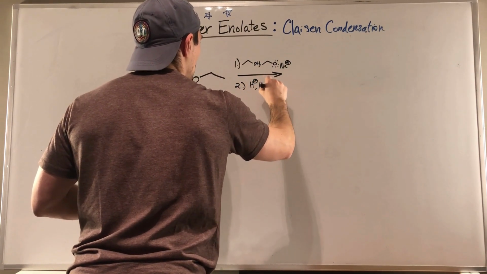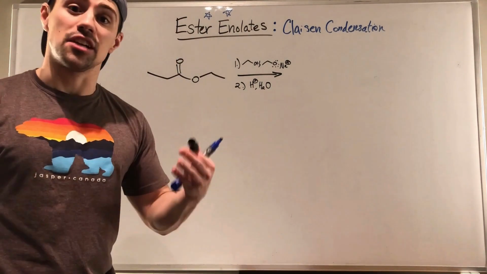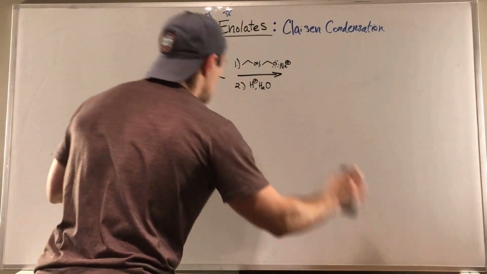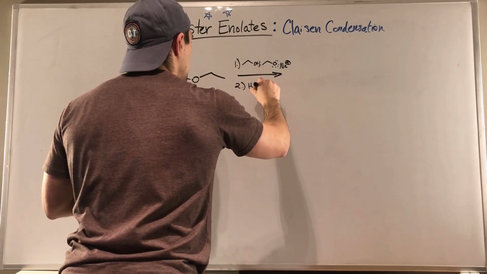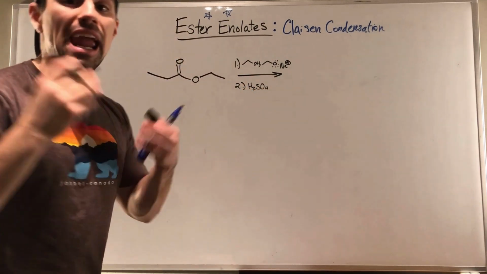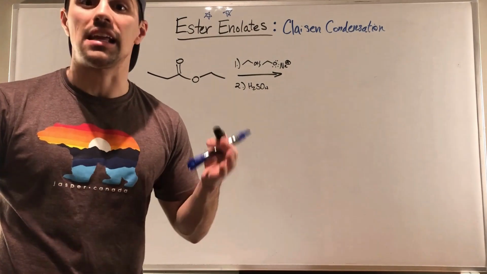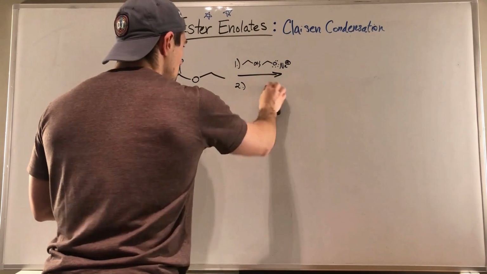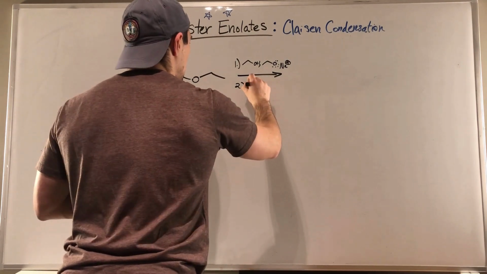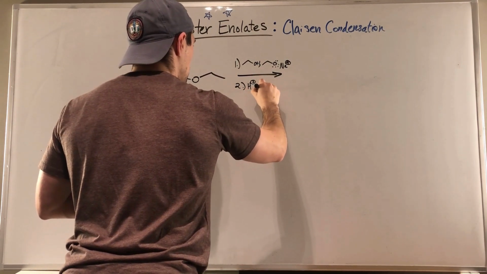A lot of people generically write H plus and H2O. Don't be shook if you see something like H2SO4. You just want something that brings H plus to the table and doesn't participate in the reaction. So I'm going to erase this and leave the more generic H plus H2O.